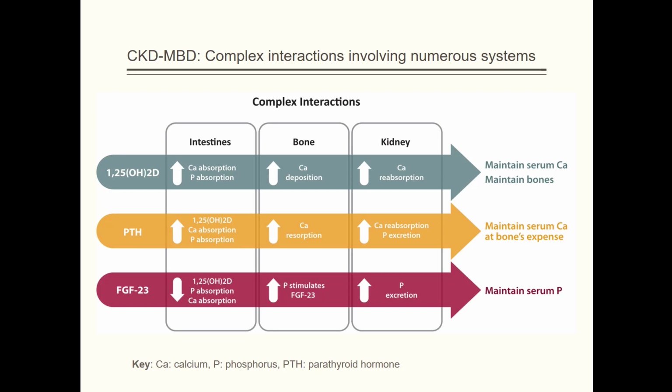High levels of serum phosphorus stimulate FGF23 production by the bones. FGF23 is thought to increase phosphorus excretion by the kidneys. Repleting vitamin D levels may help lower PTH levels.